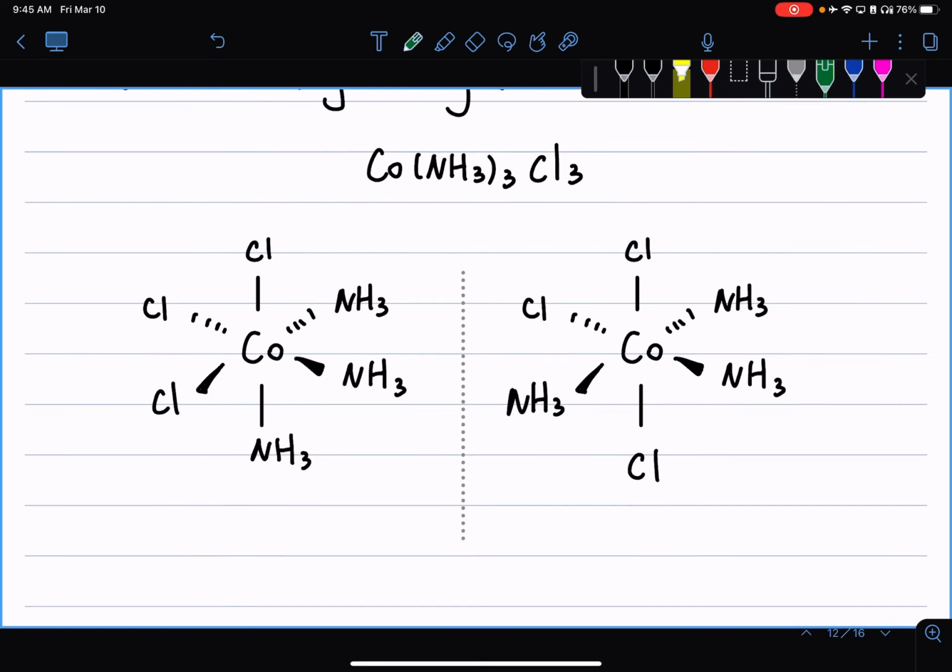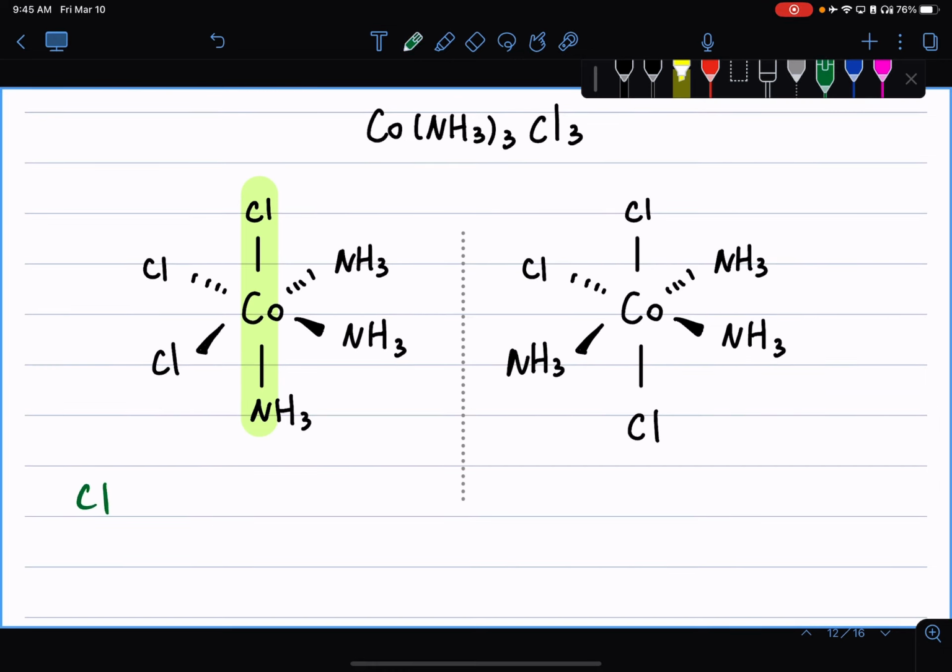So in this case, if my chloride is trans to NH3, this conformation, we call it FAC.